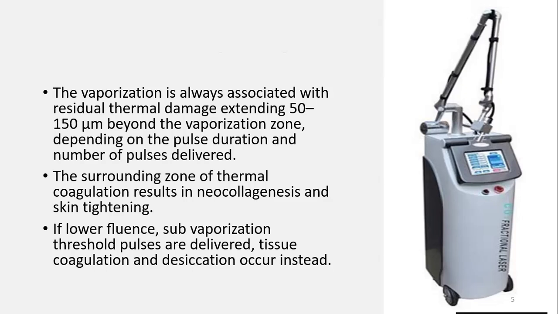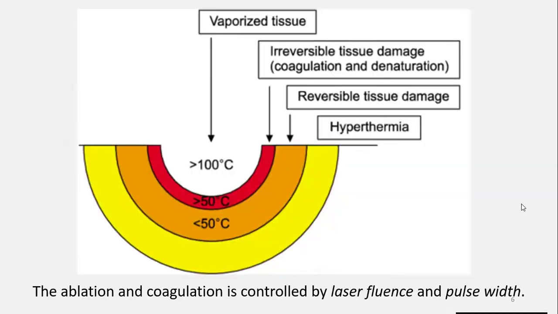The surrounding zone of thermal coagulation results in new collagenesis and skin tightening. If low fluence or sub-vaporization threshold pulses are delivered, tissue coagulation and desiccation occur instead. Only new collagenesis will occur.